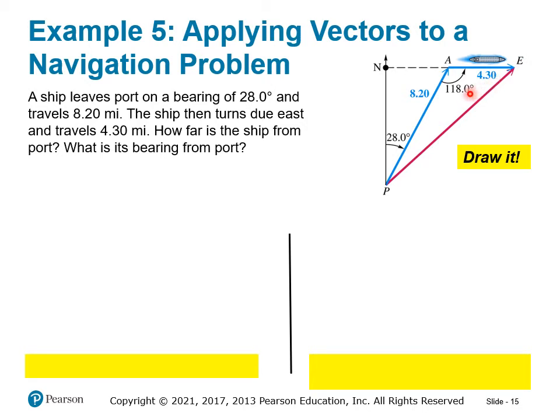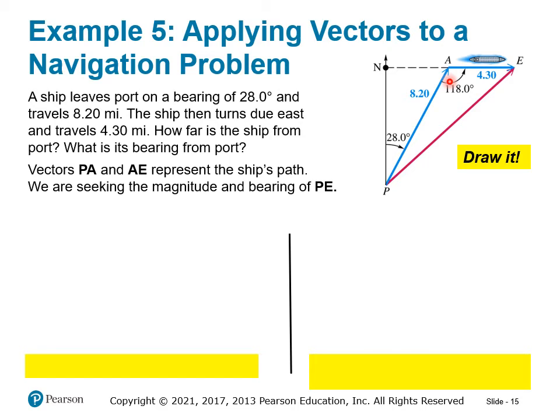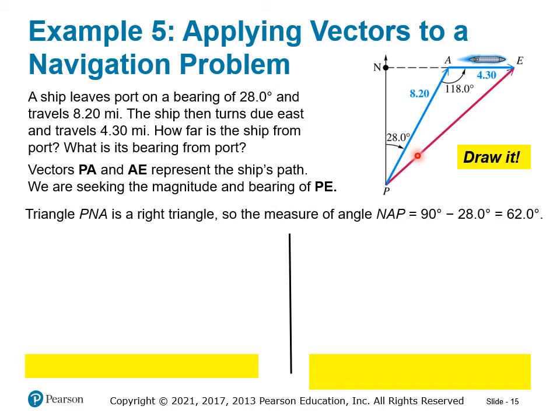Now, how do they know that this is 118 degrees? Notice that we are seeking the magnitude of the red line, the resultant PE, and we're also trying to figure out what the angle is from this north arrow all the way to that red PE vector.